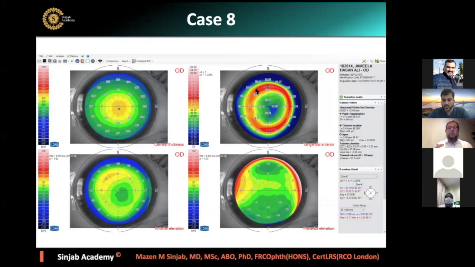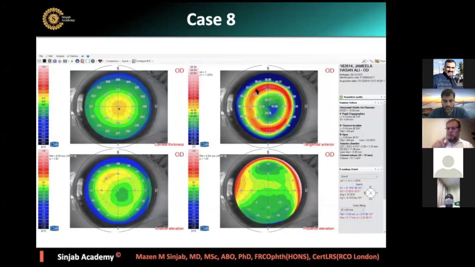false appearance that occurs because there is a sudden change between the center, which was ablated, and the periphery, which was not ablated. So with this jump, similar to a step, the software will think that this area is high. So it gives it high K readings.